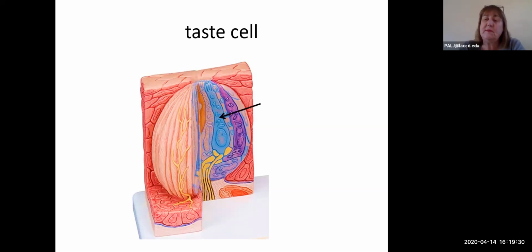Now, of the 3 types of cells, we're only going to learn one, and that's the one involved with the sense of taste, and that's called a taste cell. So, how can you tell a taste cell from the other types of cell? Okay, so don't rely on colors in this particular model. What you're looking for is the apical surface of the cell.